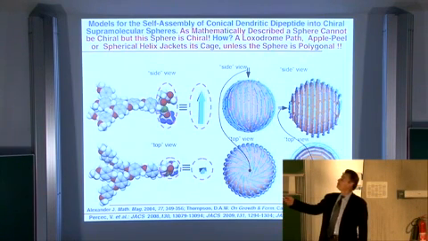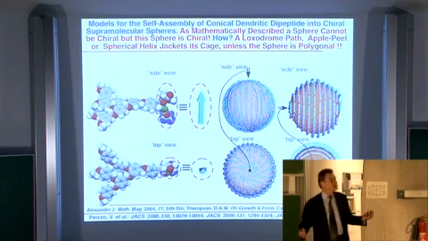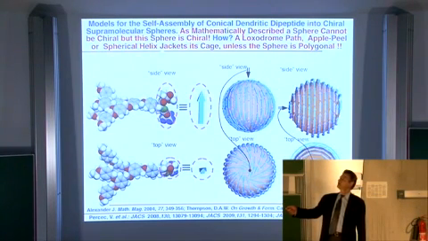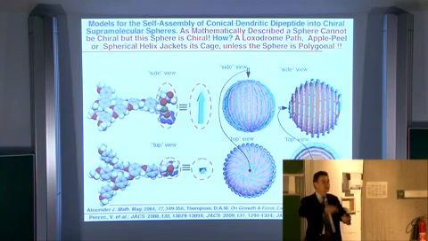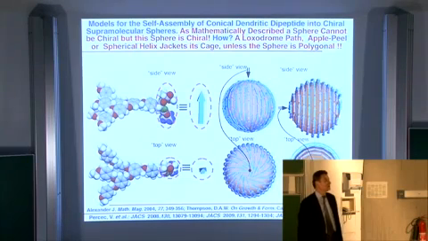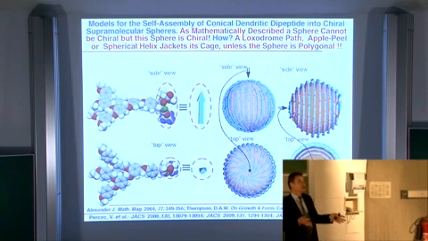So if you peel an apple the way your grandmother was doing it, you are going to construct the so-called spherical helix. You can get a helical contour on the surface of the apple, and the apple peel has a helical conformation. Therefore, there should be a similar mechanism.